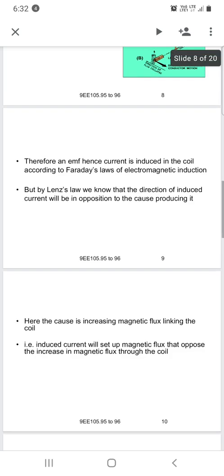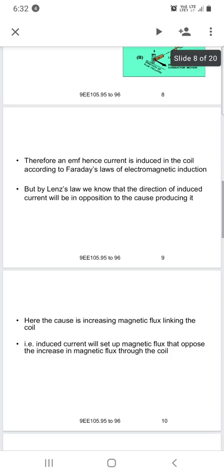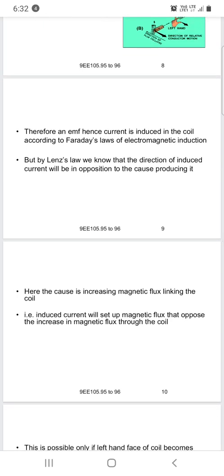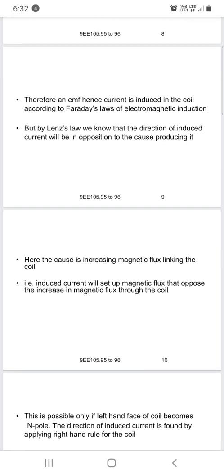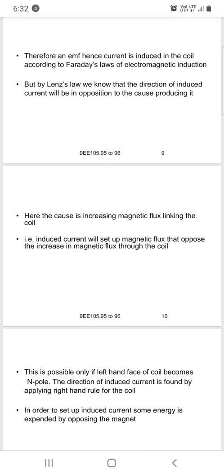Here N is the number of conductors, and d phi is the change in flux due to the conductor being placed in the magnetic field, or the current changing in the conductor with respect to time. So the Lenz law formula is E equal to minus N into d phi by dt.